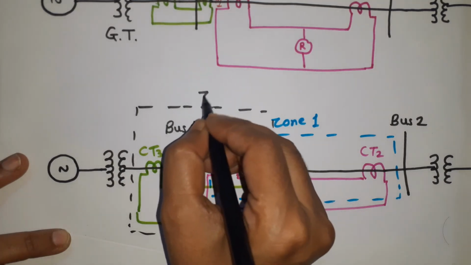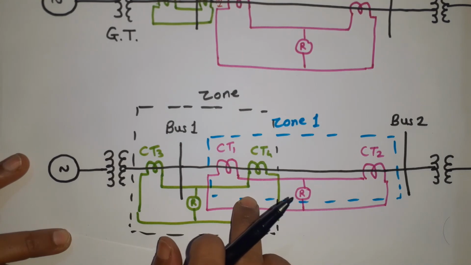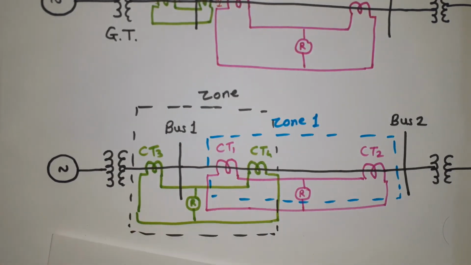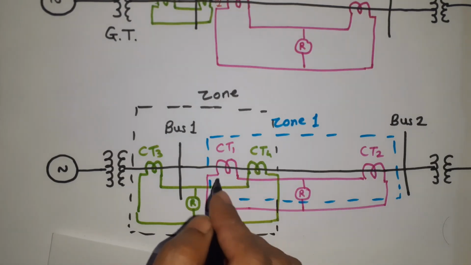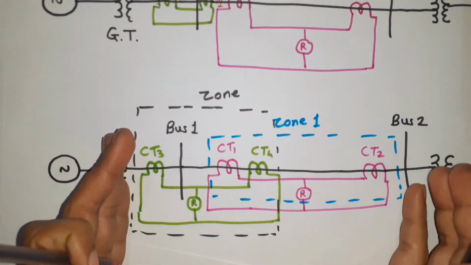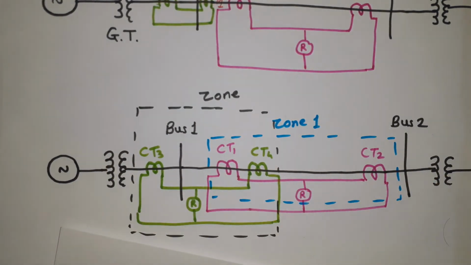So the zone of bus bar protection is overlapping on the zone of transmission line protection. It means it covers each and every region, each and every part of the power system, right from bus 1 to bus 2, and your system will get protected.